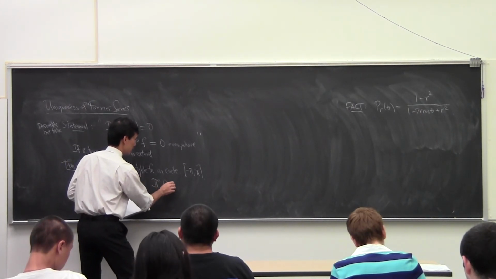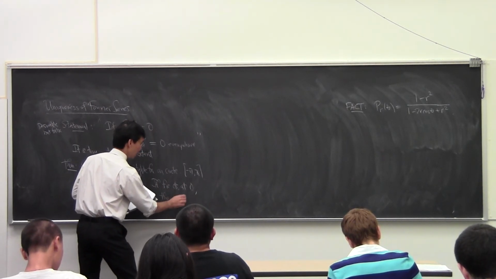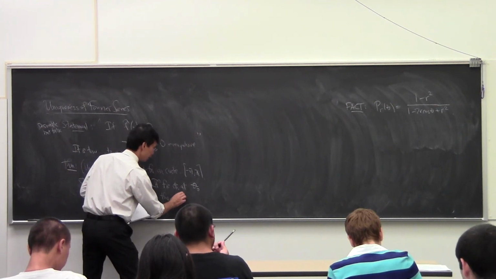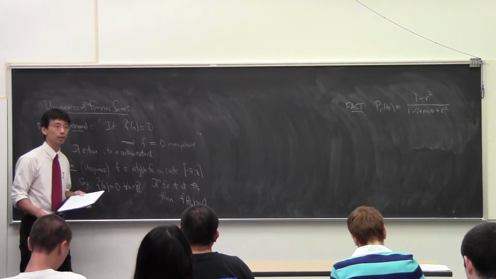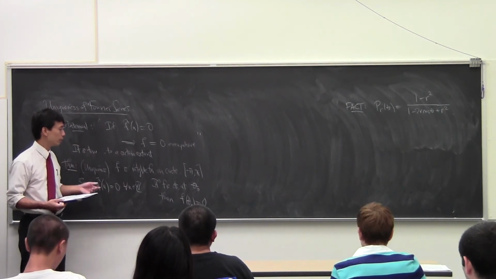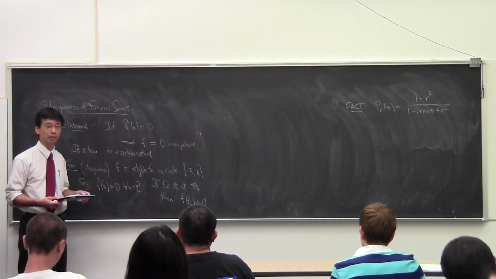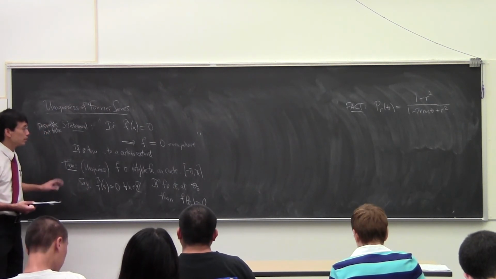If f is continuous at 0, then, I'm sorry, if f is continuous at some point, then the function is 0 at that point. So it may not be 0 everywhere, but wherever it's continuous, it's a 0 function. So this is pretty good.